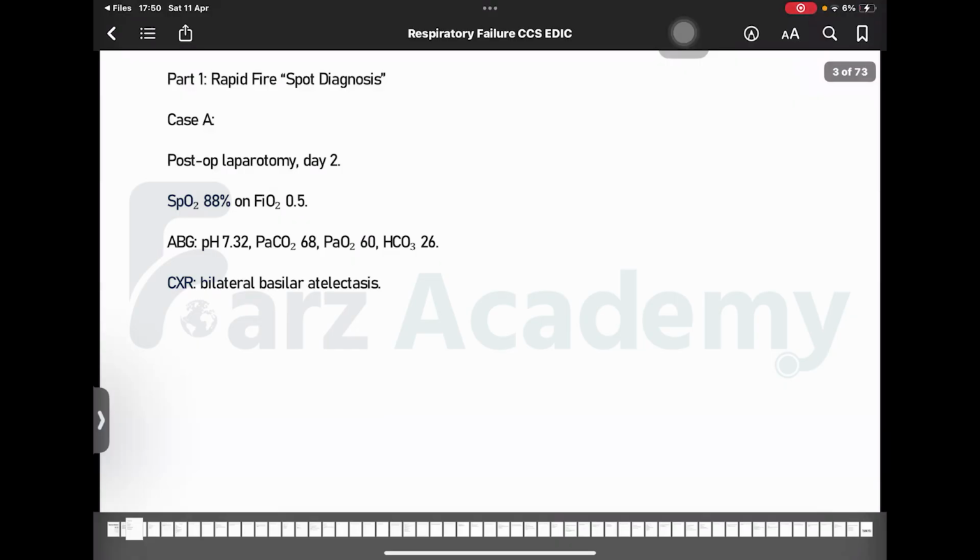Saturation is 88% on 50% FiO2. pH is 7.32, PaCO2 is 68, PaO2 is 60, and bicarbonate is 26. Chest X-ray shows bilateral basal atelectasis. What is the diagnosis, along with the reason for that diagnosis? I mean the logical cause and effect relationship. Anyone?